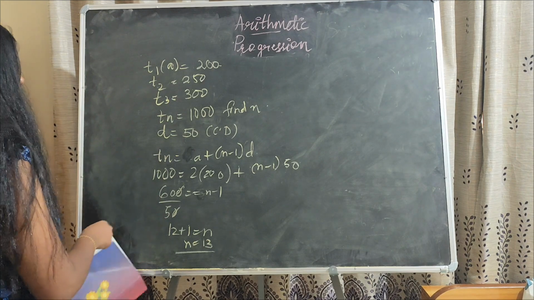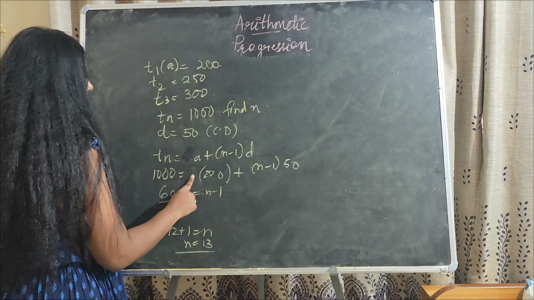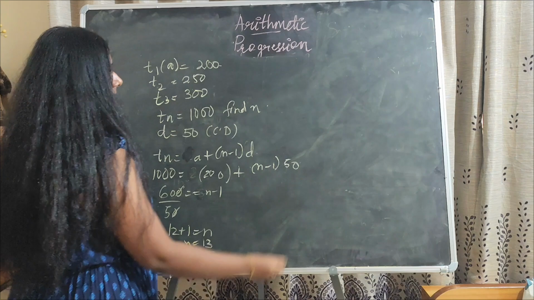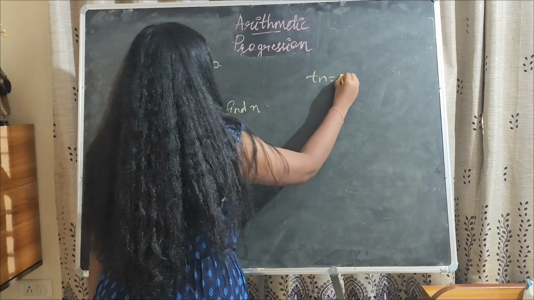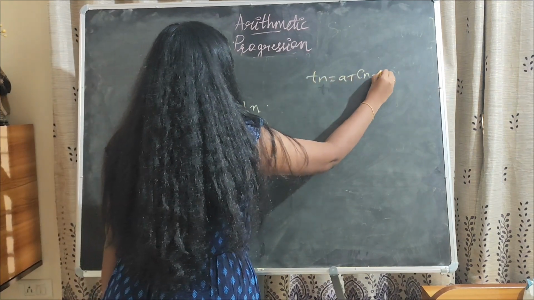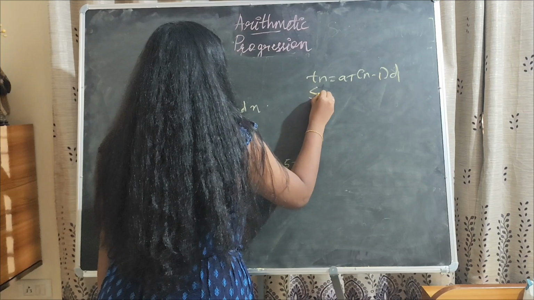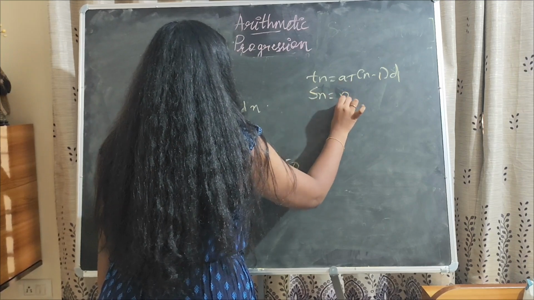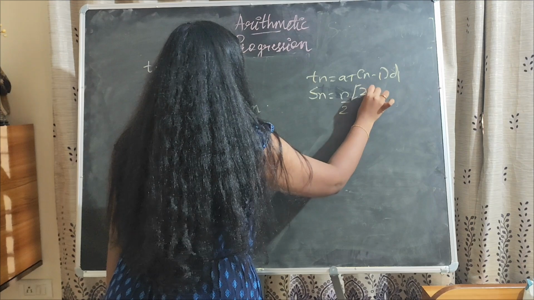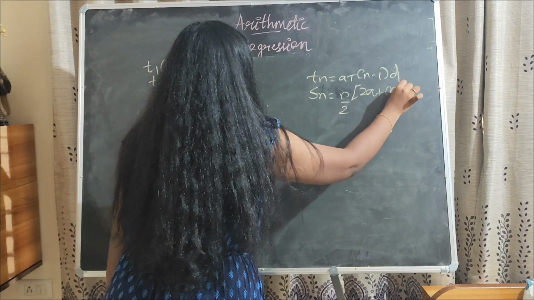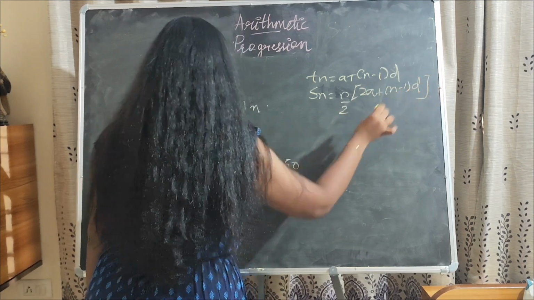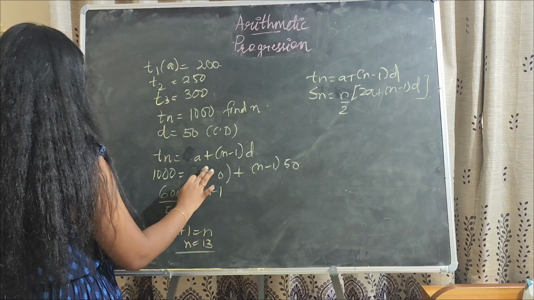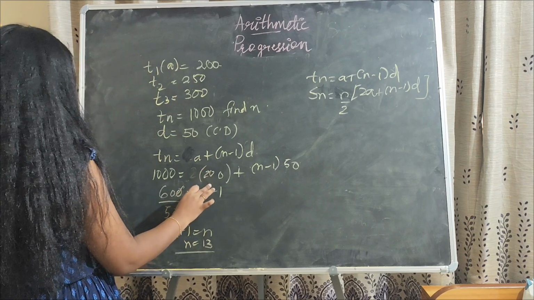Yeah, because that 2a plus n minus 1d is for the sum. Tn is a plus n minus 1d and Sn is n by 2 into 2a plus n minus 1d. So a is 200.